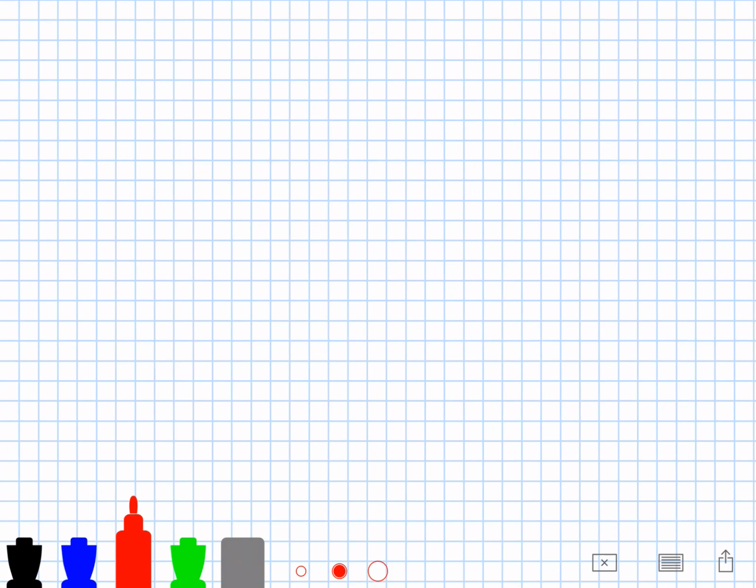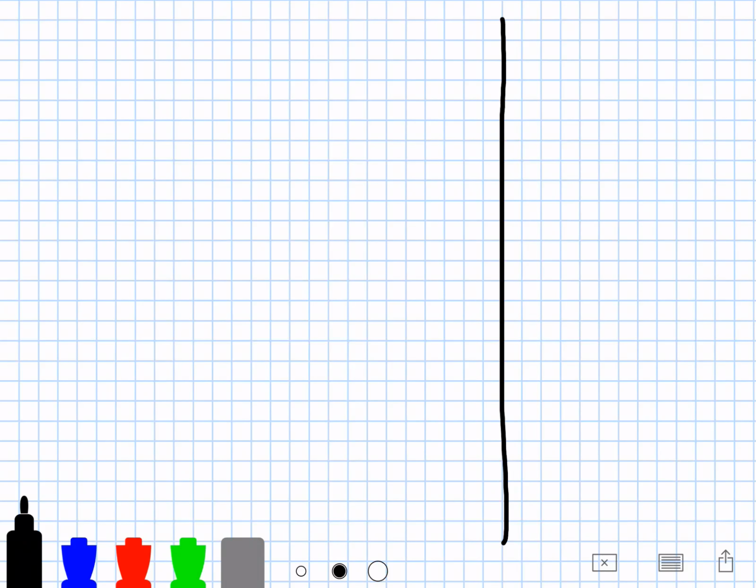All right. So let me go ahead and get my coordinate plane going here. I have my x-axis and I have my y-axis up there.